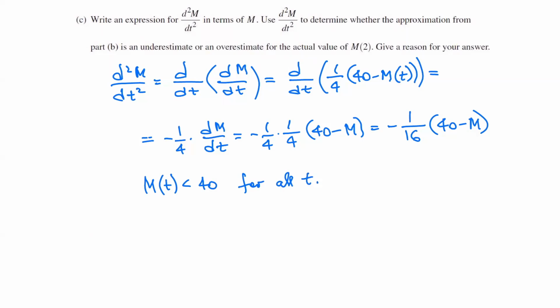Which means that the second derivative, d2m over dt squared, is less than 0 for all t. Because 40 minus m is always positive, and multiplying by negative 1/16 gives us a negative number. And if the second derivative is negative, that means that the function is concave down.